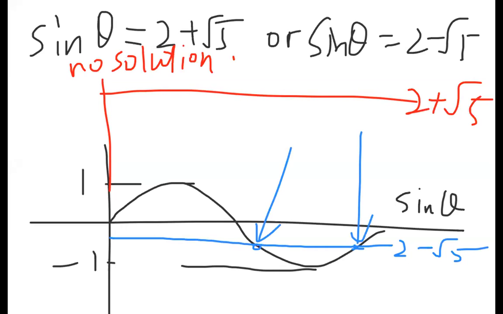Okay, so how do we find these intersections, right? First, we use the arcsine of 2 minus radical 5, and then we can find an angle. Use your calculator.